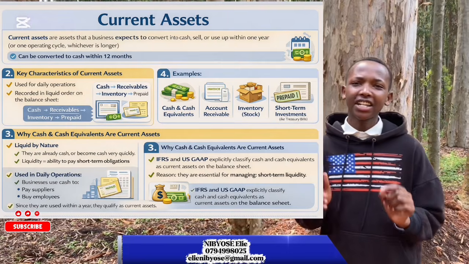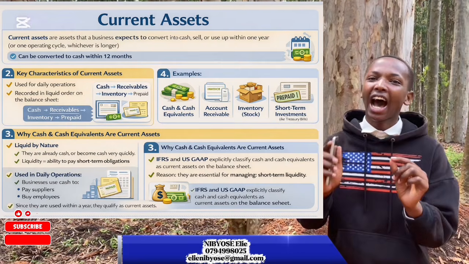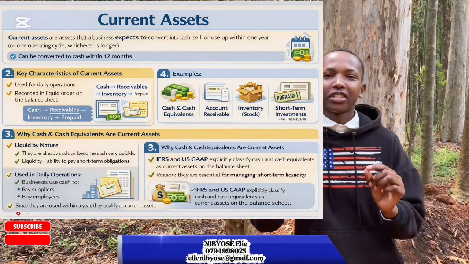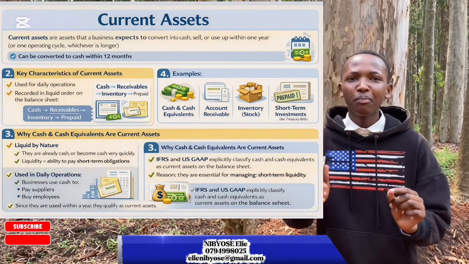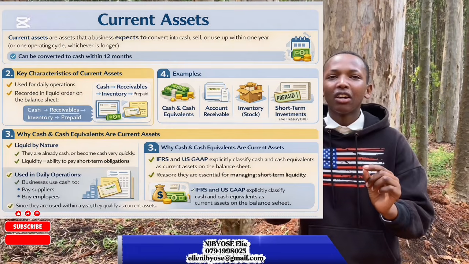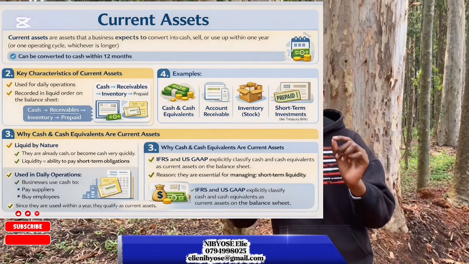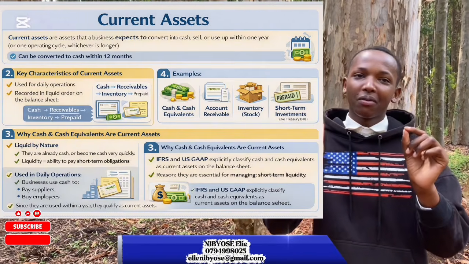They are current assets because they represent payments made by the business in advance for goods or services. For example, you paid 12 months of rent in January, but you have not yet used it up.